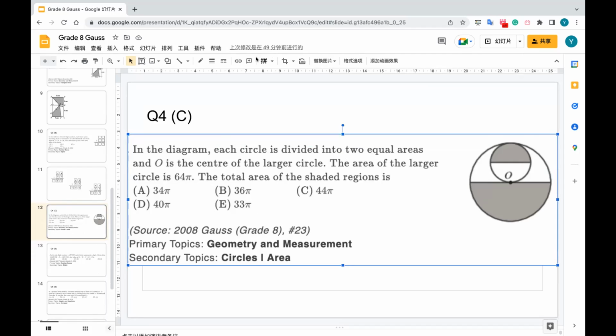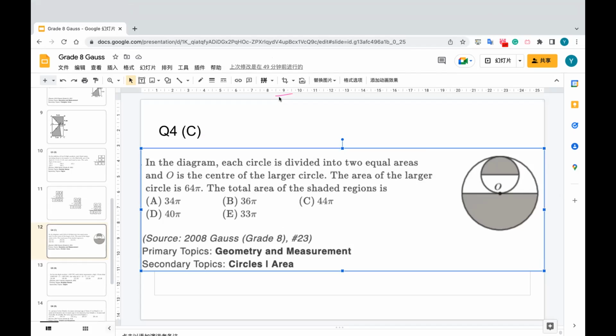So I'm gonna write down, the area of the circle will be what? Pi r square, right? That's what the pi comes from. Is the 64 the radius? No, that's the area. So the area is given, and you're gonna figure out what's the radius.